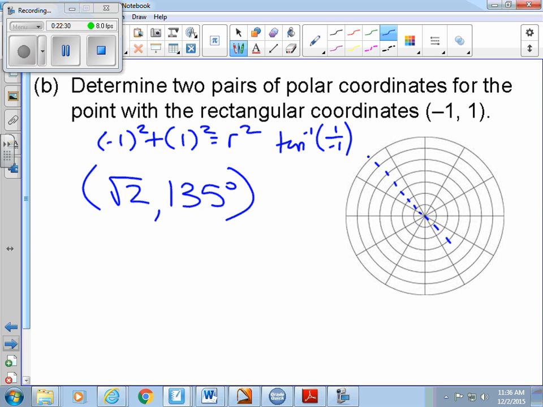We can either combine that with the -r and leave it as it is. So we could do negative radical 2, -45 degrees. Or, if we wanted to put it back in the quadrant, we could do 135 degrees. Remember, tan inverse is only going to give you one answer. So you will have to be able to move that quadrant. What's one other option? Oh, I only said 2. I'm done. But I got 360.